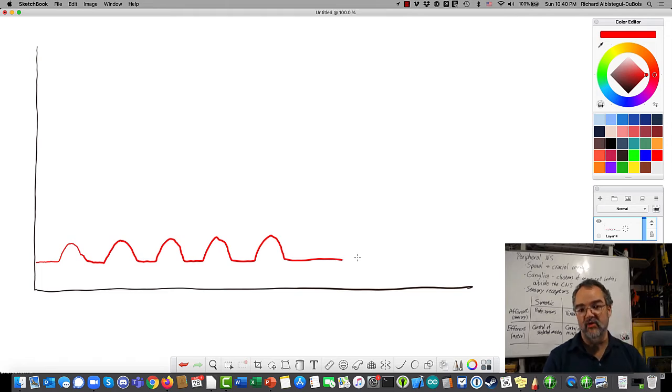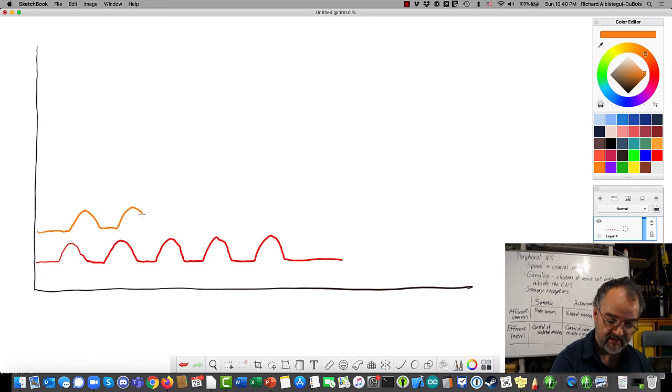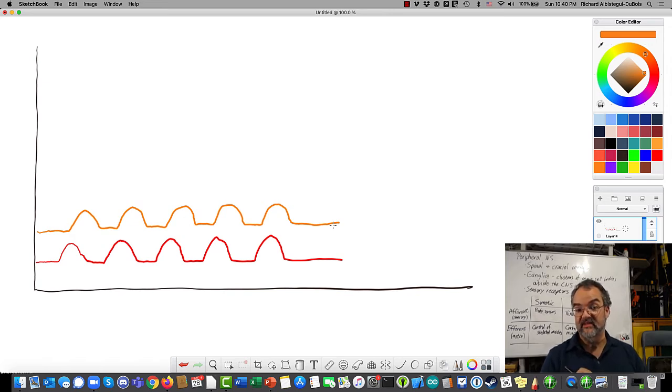So that's our red motor unit. And we will have an orange motor unit. It's going to do the same thing, but slightly out of sync. Now notice, these muscle fibers or motor units are not going into tetanus.